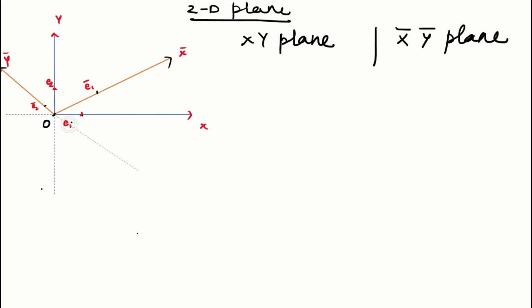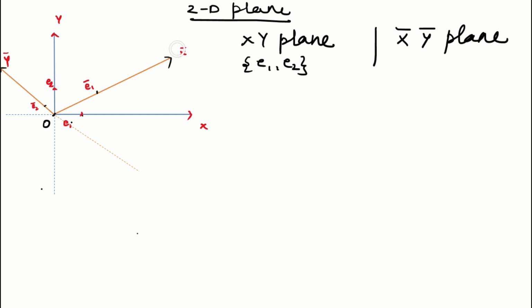So what is E1? E1 is the basis vector along the x-axis. And along the y-axis I am taking E2 as the basis vector. So in the old coordinate system we have two basis vectors, E1 and E2. As we are in a two-dimensional plane, how many basis vectors will we have? We will have two basis vectors. Okay. In the new coordinate system we have the x bar axis and y bar axis.